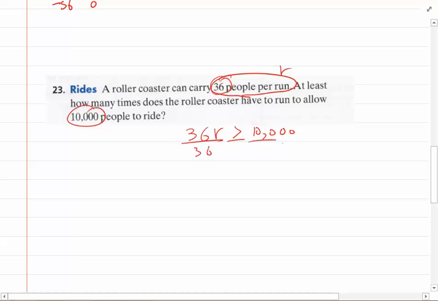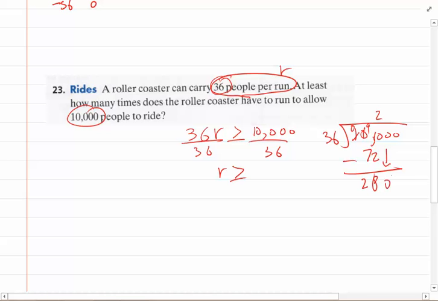Divided by 36. R is going to be equal to 10,000 divided by 36. 36 goes into 100 about twice actually. Okay, we're going to borrow 1 here. This becomes 9, 2, and then you bring down the 0. And how many times does 36 go into 280?